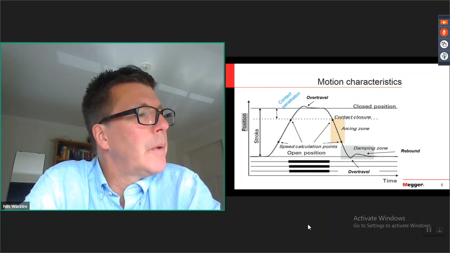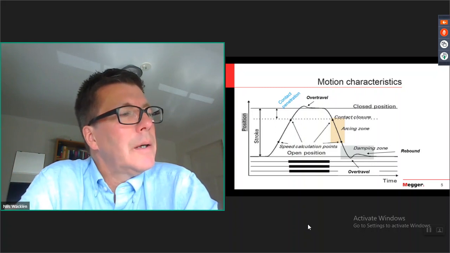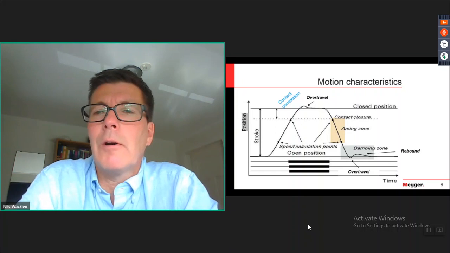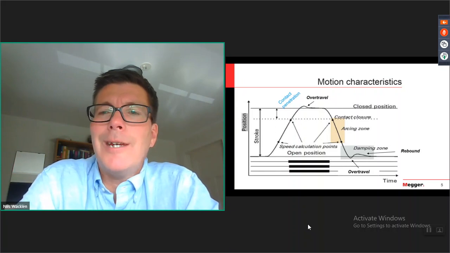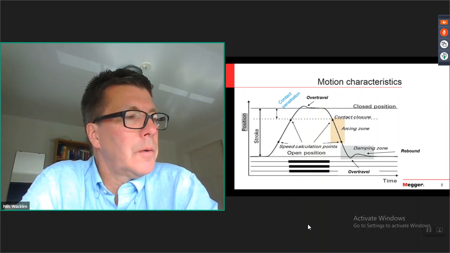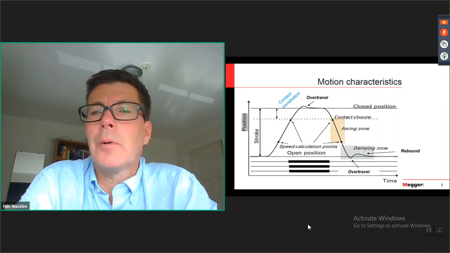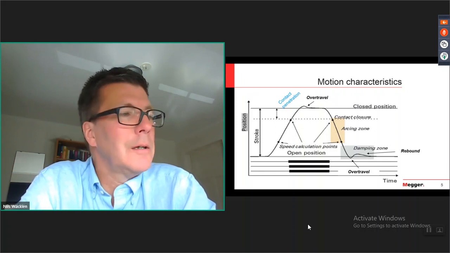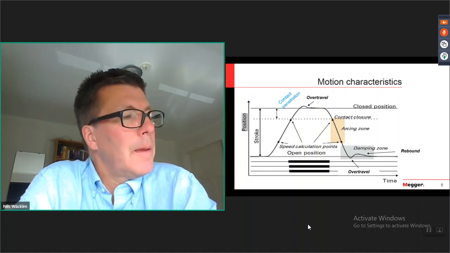I mean, if you measure the travel curve, you will automatically see the overtravel. So there is nothing special you need to do to obtain that information. Just measure motion and you will see this parameter.